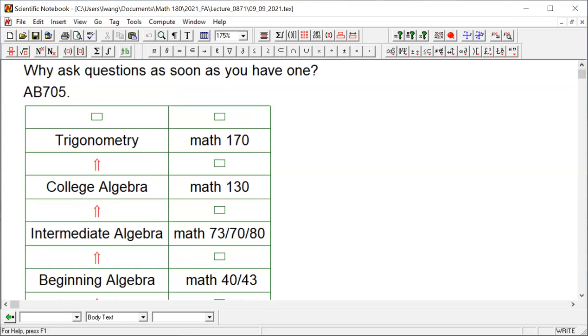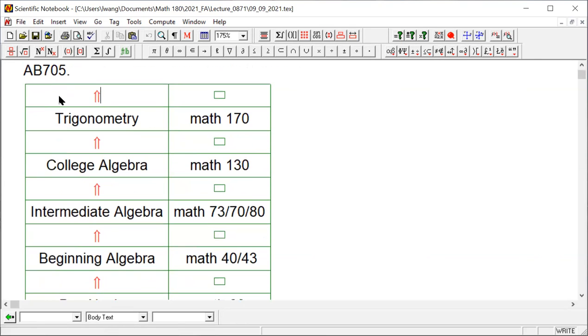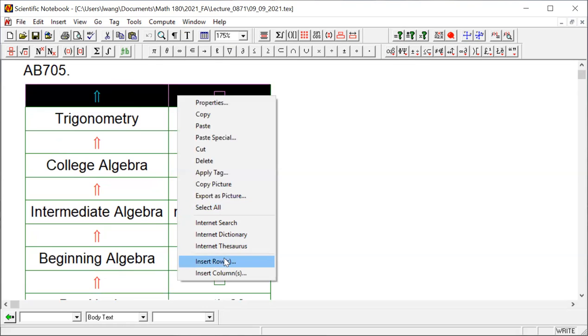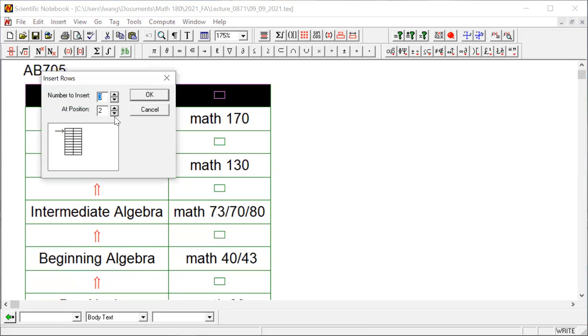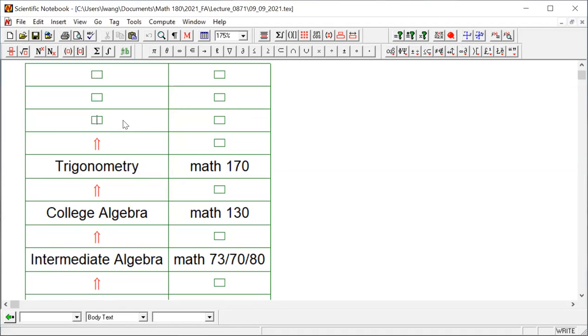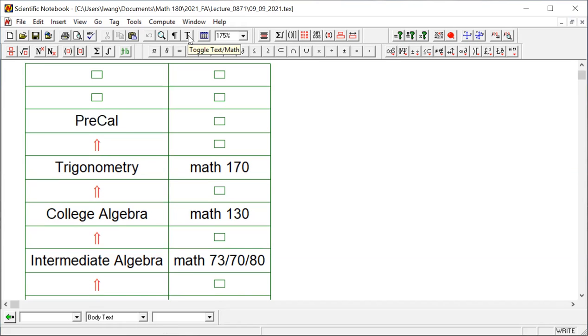So I'm doing the recording right now, and I'm going to make this a specific section just to explain what it is you're doing. After trigonometry, some students will take pre-calculus, which is Math 180.